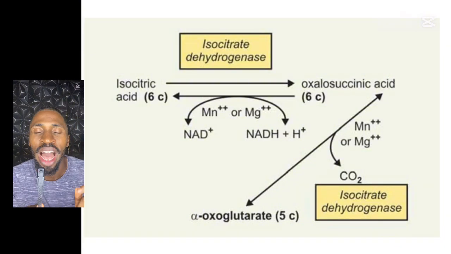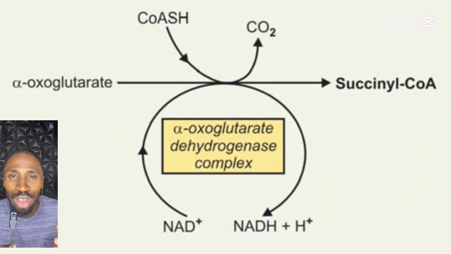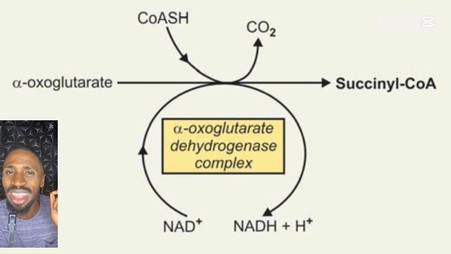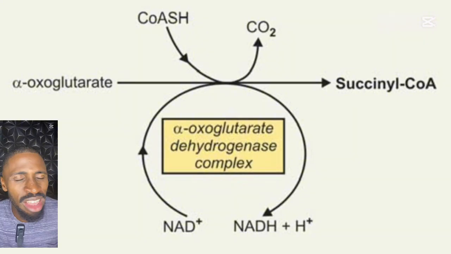Now we are at alpha-Ketoglutarate. What happens? Alpha-Ketoglutarate uses the same kind of complex reaction used in the transition step, but here it is the alpha-Ketoglutarate dehydrogenase complex. It's a very large dehydrogenase complex, and it uses the same E1, E2, E3 we use in the transition step. So we all know how it forms.